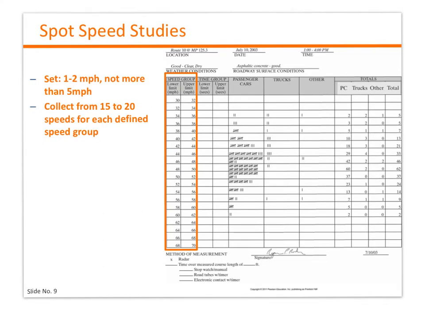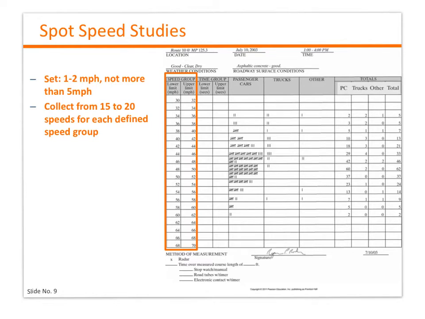Here we can see a form that we typically use for spot speed studies, and for the first two columns you would see we need to have a speed group. What I mean by speed group is, before going to the field, you are interested to know how many vehicles are traveling at certain segments of speed.